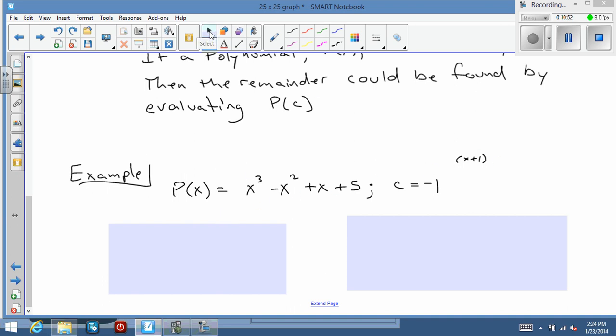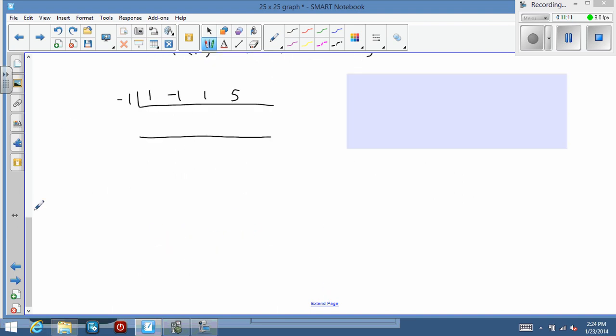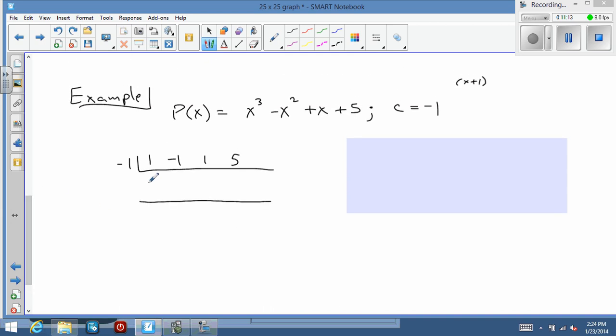Okay, so to set this up, first I'll show you the synthetic division. To set it up, we put -1 for our c value out here, and then we fill in the coefficients. We don't have any missing terms, so just 1, -1, 1, and 5. We bring down the 1. We go to -1 times the 1, that's -1.